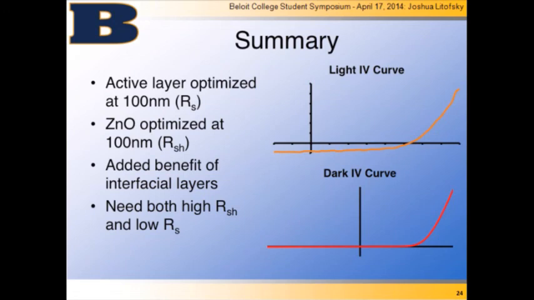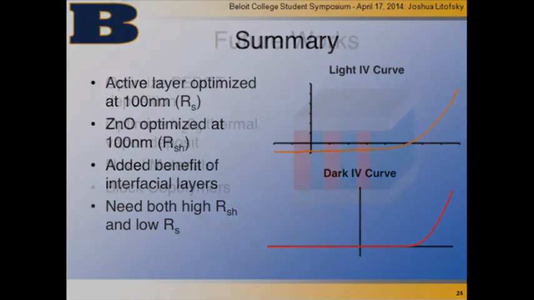This prevents reverse current, because it's thick enough that it doesn't allow for this leakage current. We find that adding interfacial layers helps a whole lot, so adding lithium fluoride and adding PEDOT improves the efficiencies of the cells greatly, and also that we need this high shunt and this low series resistance to have successful cells. For future work, we want to optimize this PEDOT deposition.